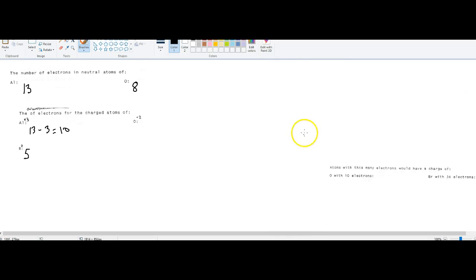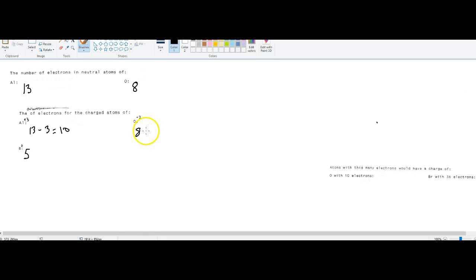Conversely, oxygen, which is minus 2, means it's gained 2 electrons. So it would be 8 normally, just like we did up here. 8 protons means 8 electrons, but minus 2 means I've gained 2 electrons.